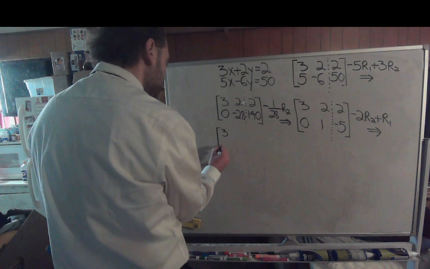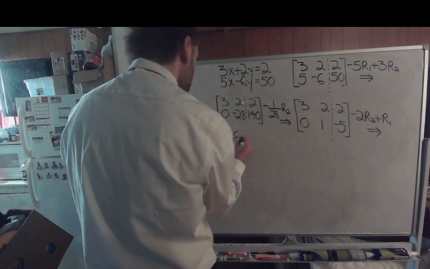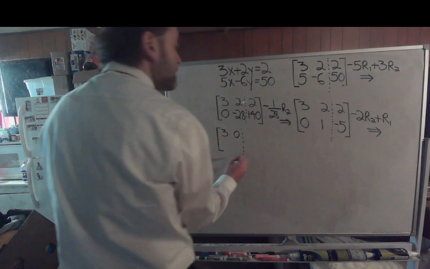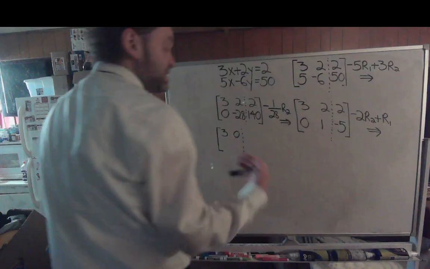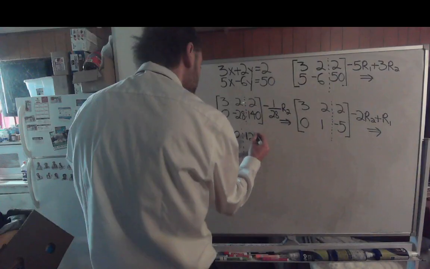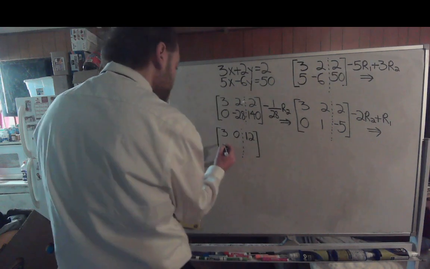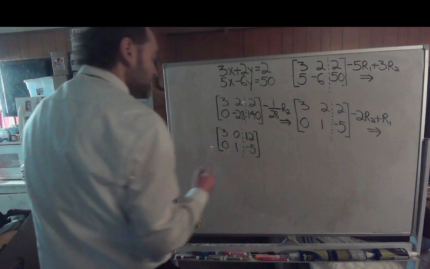Let's expand this a little. Alright, negative 2 plus 2 is 0. Alright, negative 2 times negative 5 is positive 10, plus that 2 would actually be 12. And then you still have row 2, which we're leaving alone now since it's already reduced.